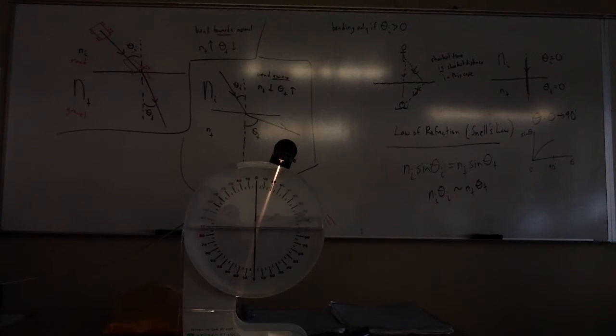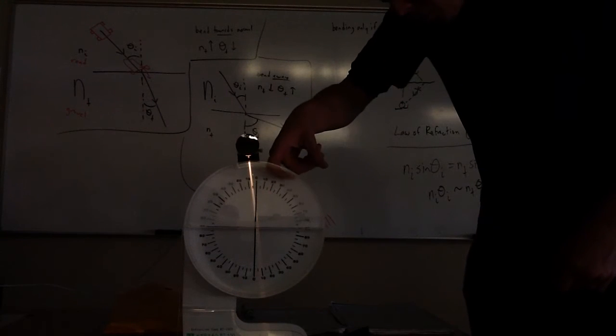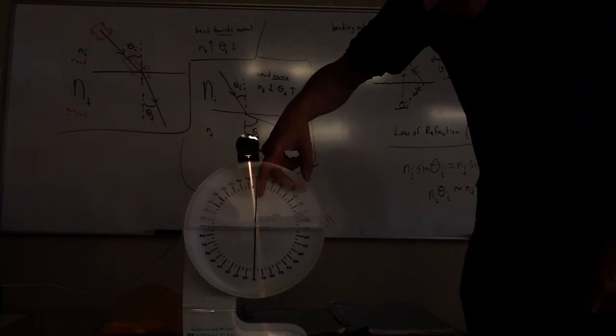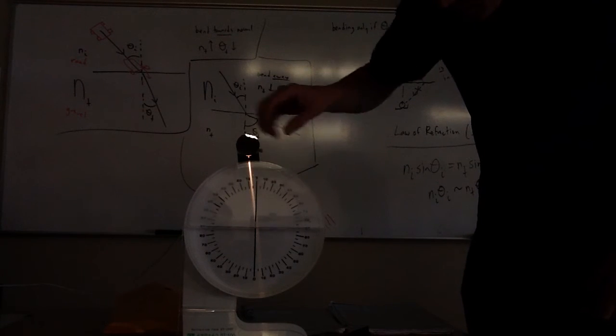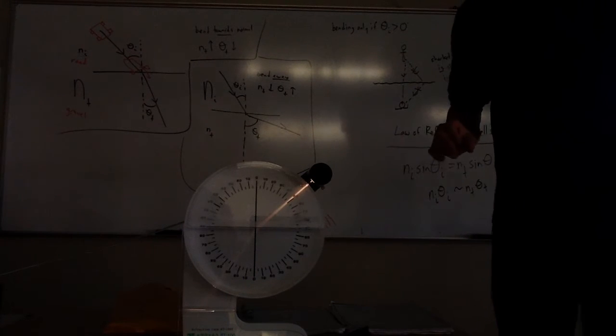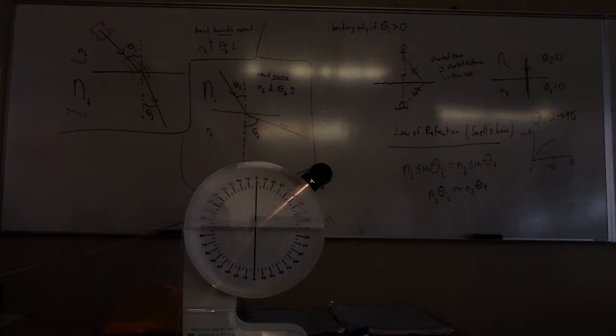Okay, so light's bending toward the normal. I think probably the problem is I put in water here that was too high temperature, so it's fogging up. So let me see if I can fix that. So you see it bending there? Bending toward the normal? So when light goes from air to water, it bends toward the normal.